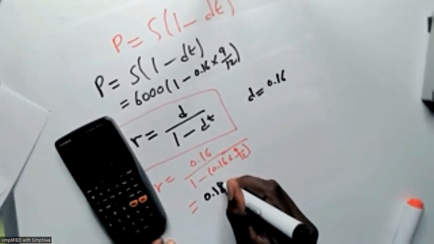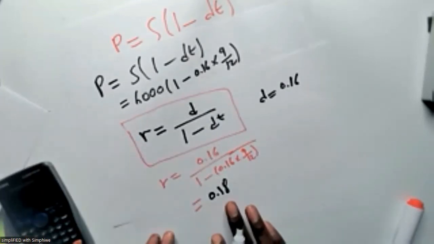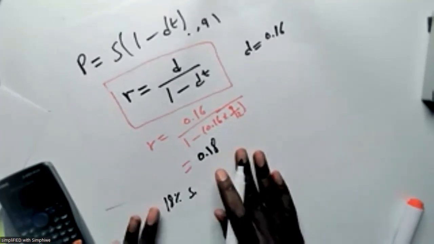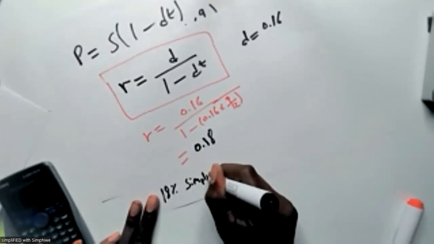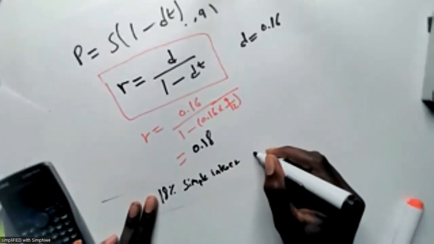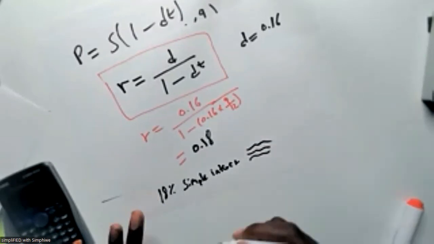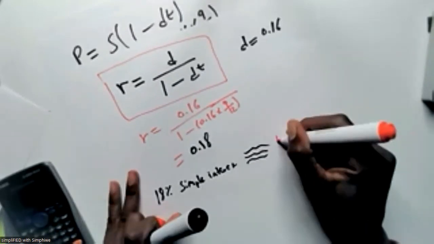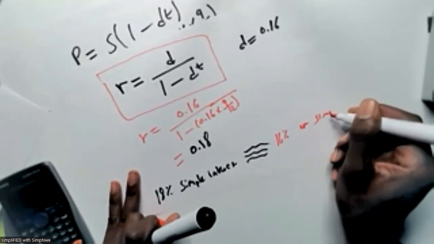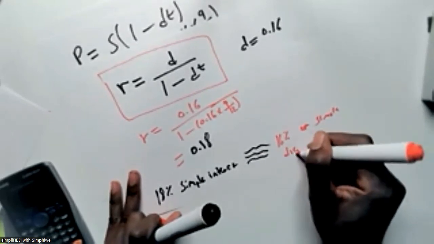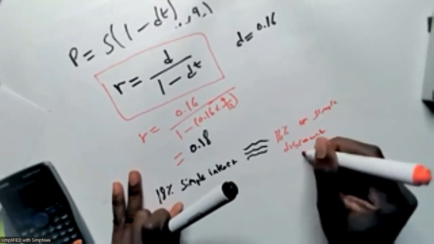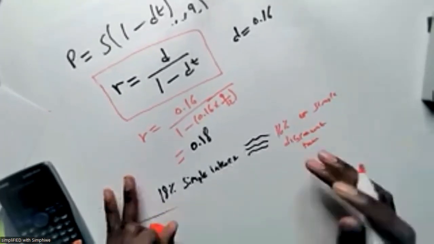So 0.18 means that an 18% simple interest rate is equivalent to a 16% simple discount rate.